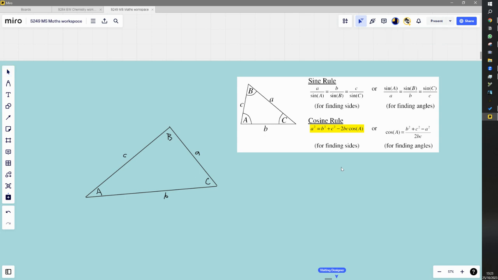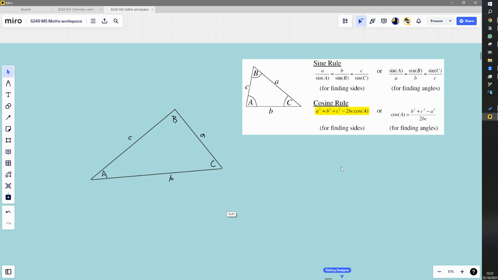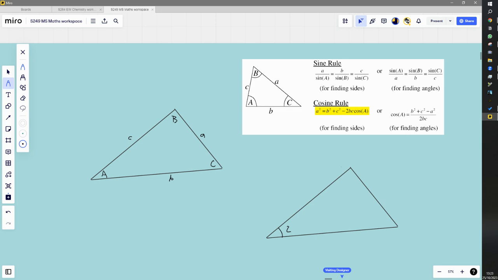So maybe I can copy this triangle, and instead of labeling it A, B, and C, just give it some values. So if we said that was 20 degrees, and this was say 12 centimeters, and this was 10 centimeters.